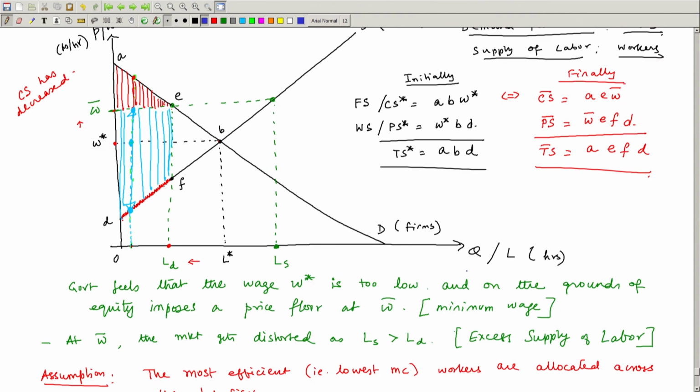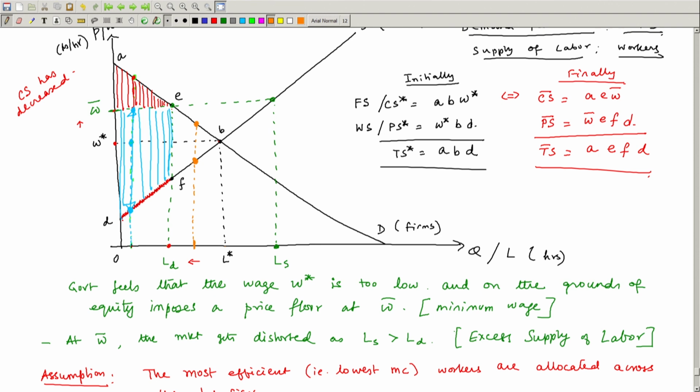And again, let us ask, what is the source of the deadweight loss? Well, take any particular unit. The source of the deadweight loss is that now, after the price floor has been imposed, the number of units traded has decreased from L star to LD. So, if I take a particular labor hour here, the firms were willing to pay up to these many rupees to get this particular labor hour. This particular labor hour would have happily participated in the market at this particular wage.